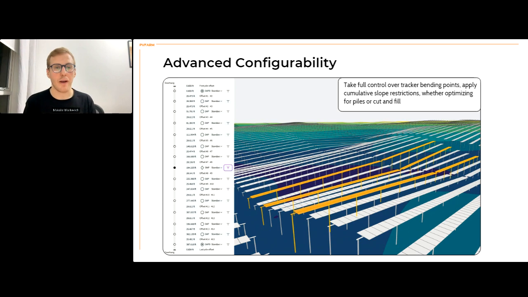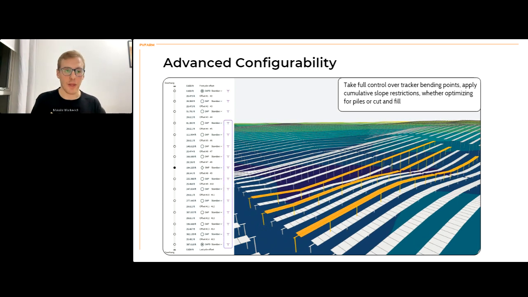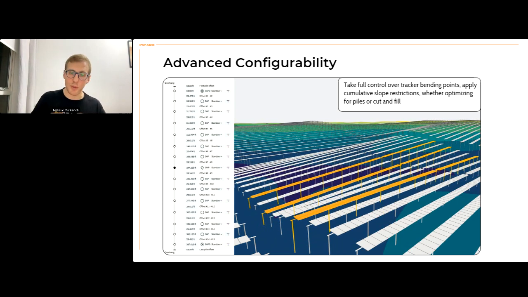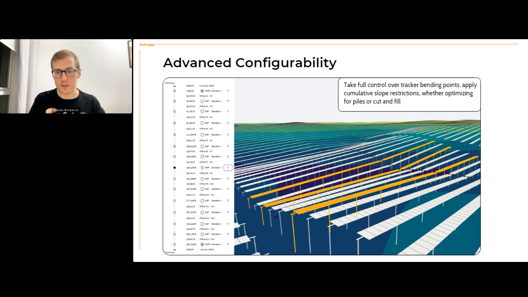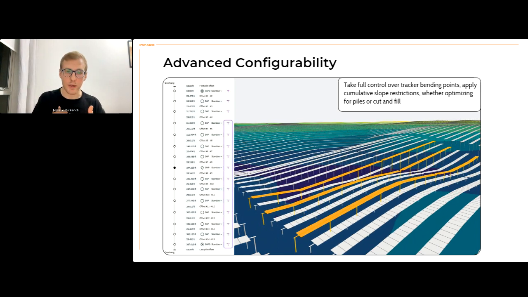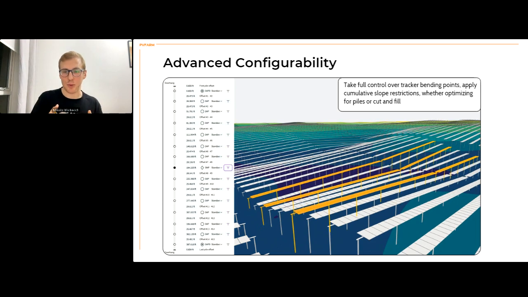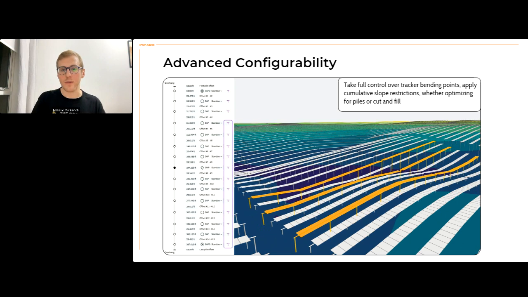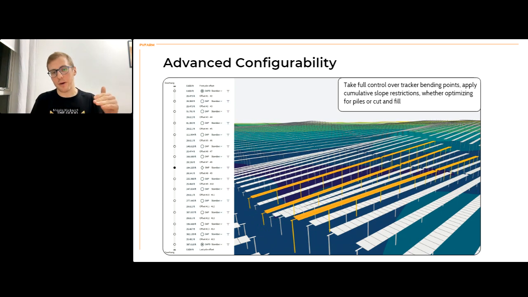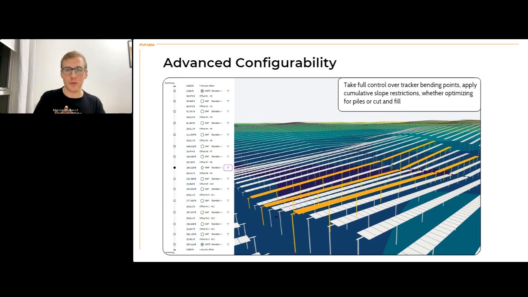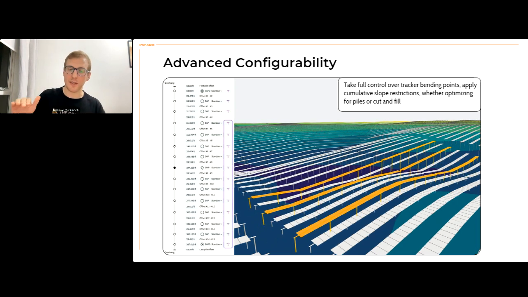slightly about advanced configurability. Again, before we started building piles and grading optimizations, we talked to many manufacturers, and there are plenty of different systems with quite unique behavior, right? So when we talk about rigid and terrain following trackers, everybody understands it, right?